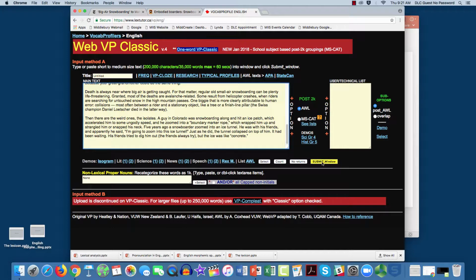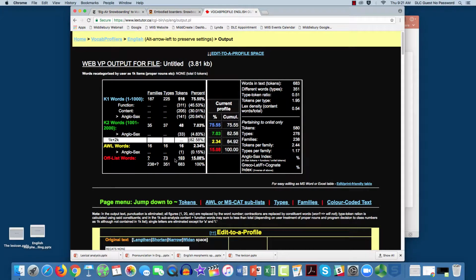I will click this yellow button, submit, and what it does is it gives me a profile. It gives me this output of what's going on in this text. So let me show you a few of these things. The K1 words are words that are in the most commonly used 1,000 types in the English language.